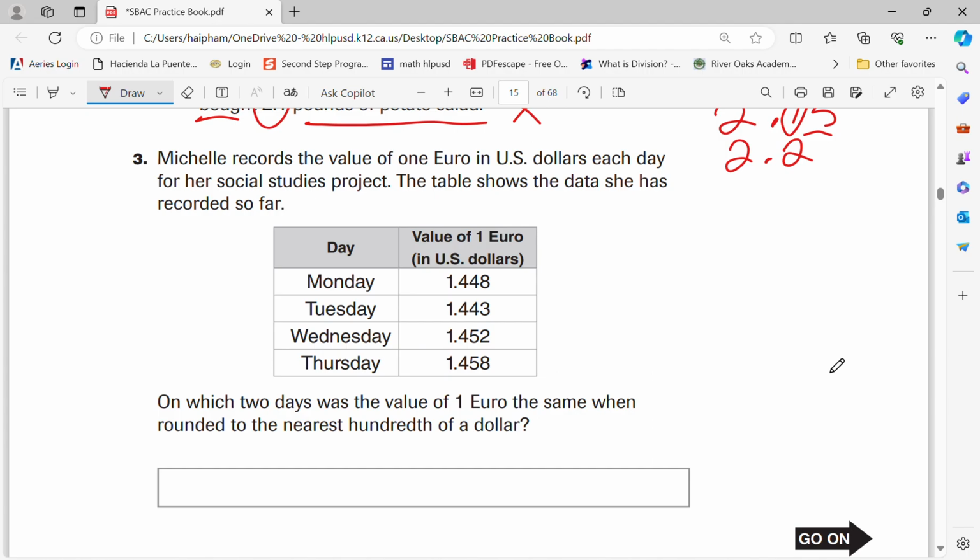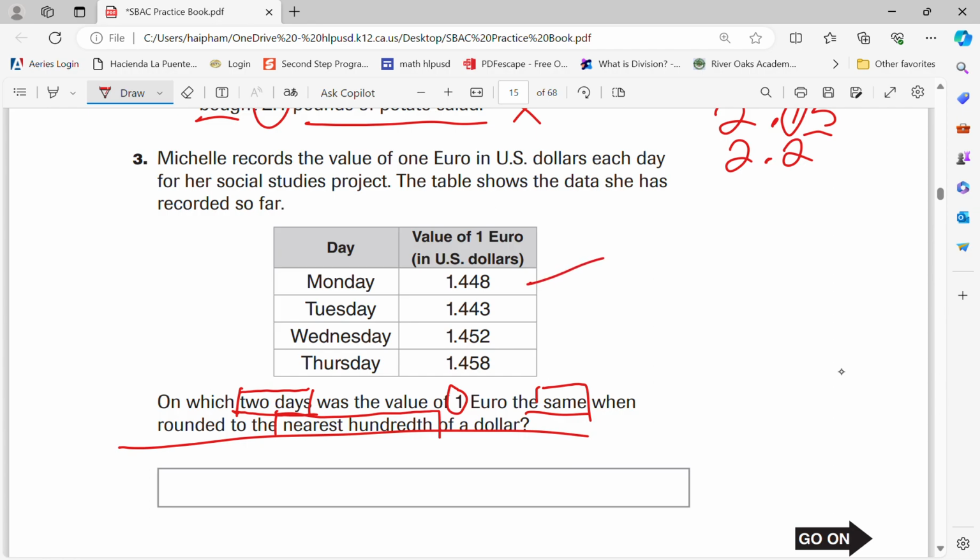On which 2 days was a value of €1 the same when rounded to the nearest hundredth of a dollar? So we are looking for 2 days, not two answers. So 2 days will fall as our answer to this question.